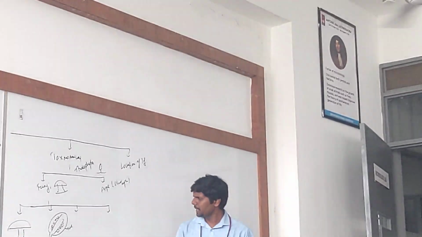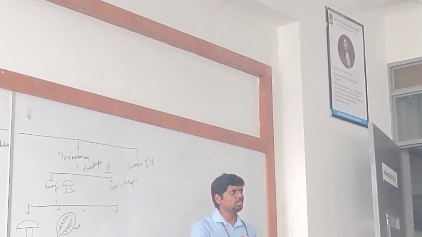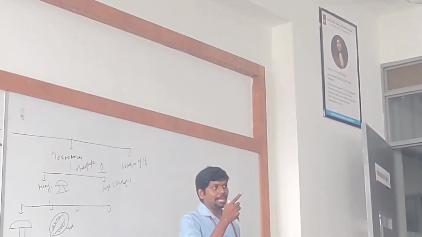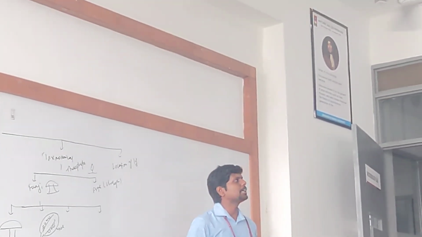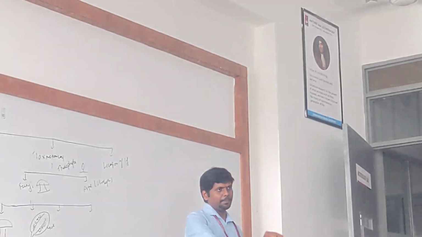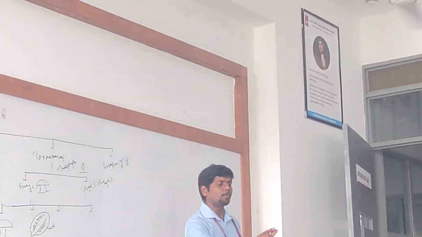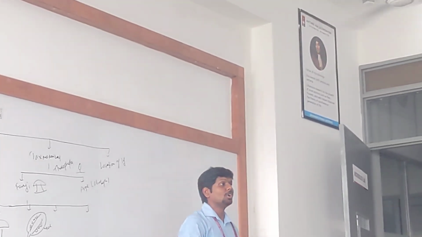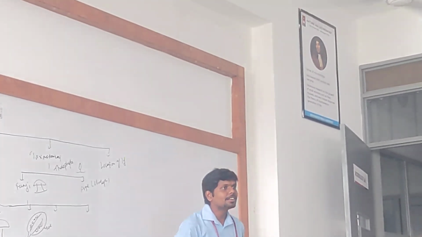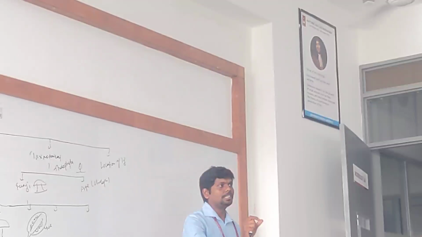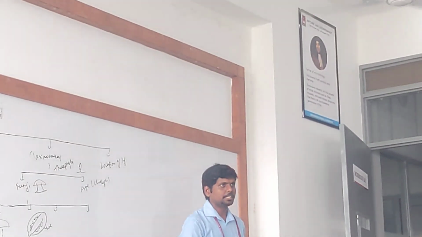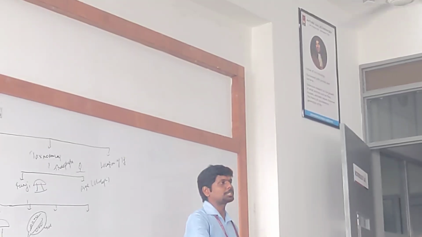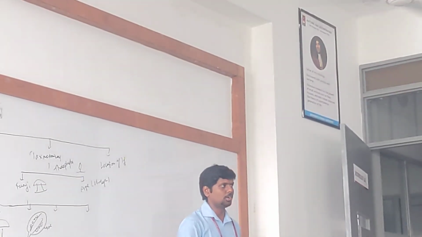Okay. Next, some fungi show rhizoids. Rhizoids means, do you remember? You might have studied in botany a plant where the roots have small nodules. Those roots with bulging portions are called rhizoids.